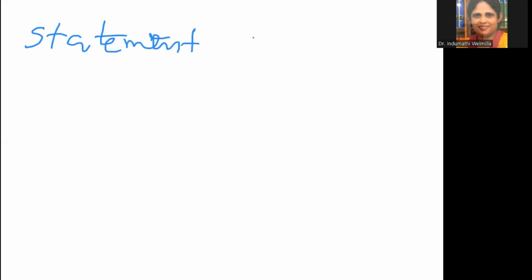In statement form, a well-defined description of a member or element of the set is written and enclosed in curly brackets.